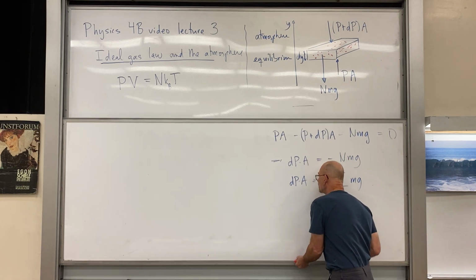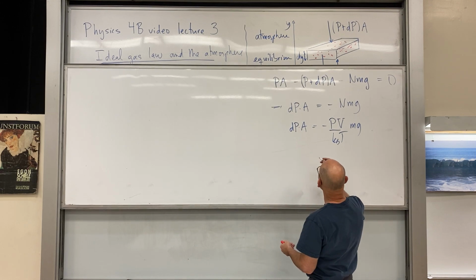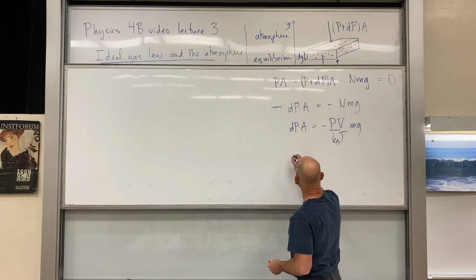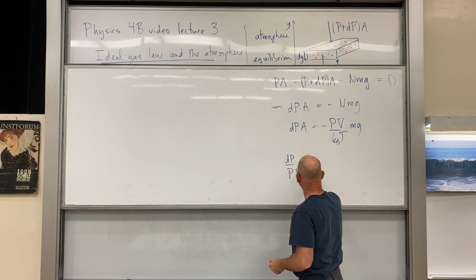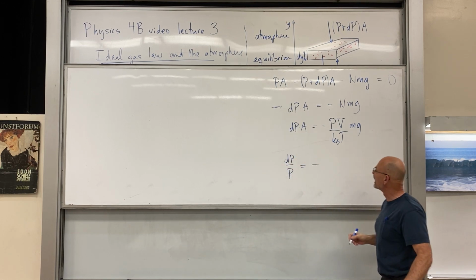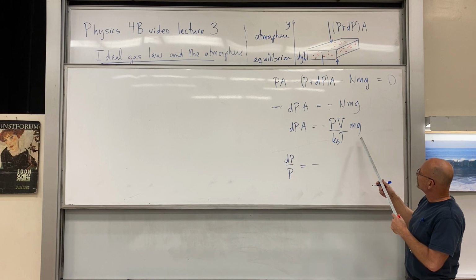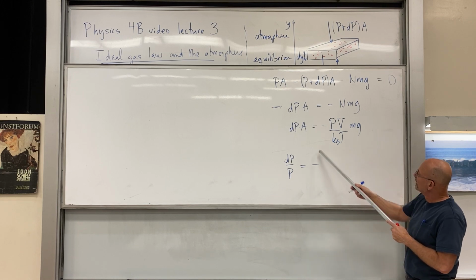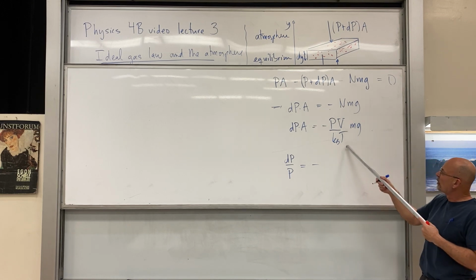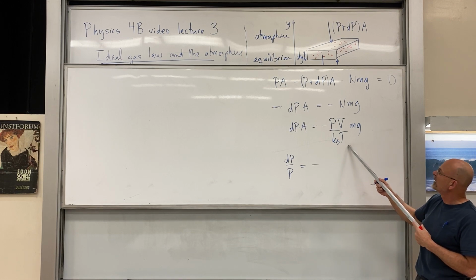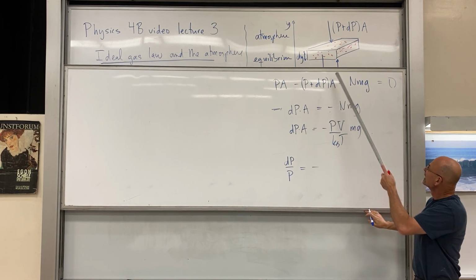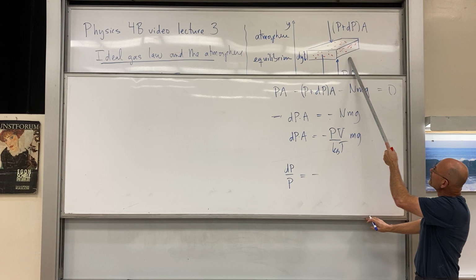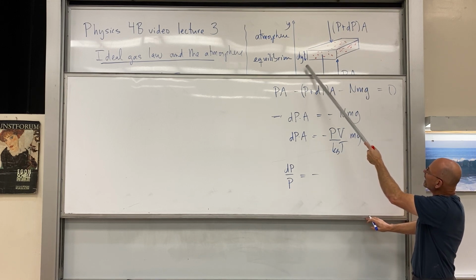So let's just do a little bit of algebra on this thing. We're going to have dP divided by P, got a minus sign, and now what's going to be left, we're going to divide V over A. So V over A, considering this little box here, is going to be dy, right?